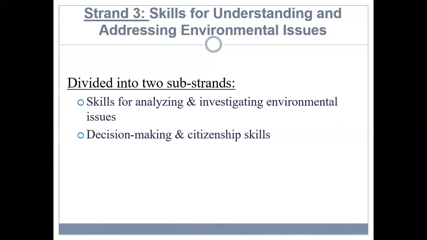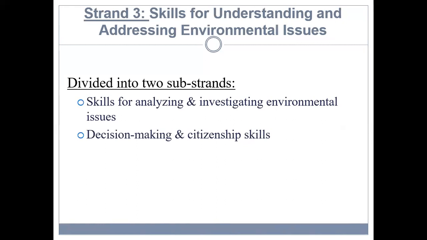I also think there's a tendency within the field for folks to think that issue investigation happens at later grades, but when you look at these standards, you will see that skills for understanding and addressing environmental issues happen at all grades, at all age periods.